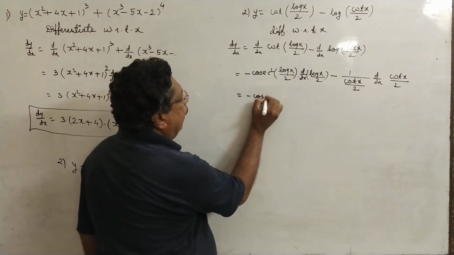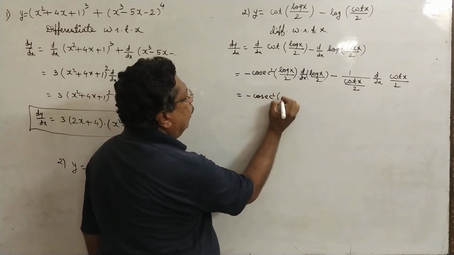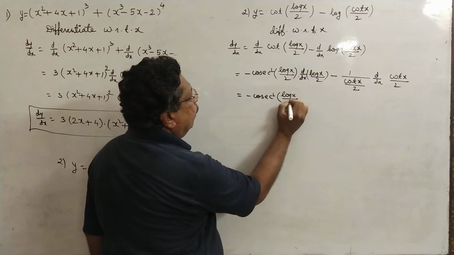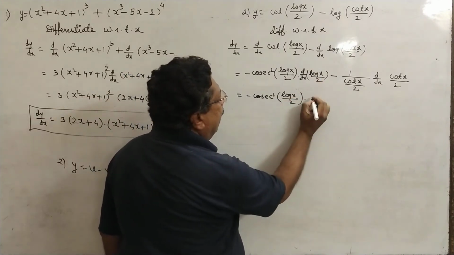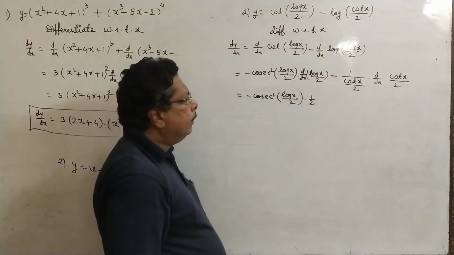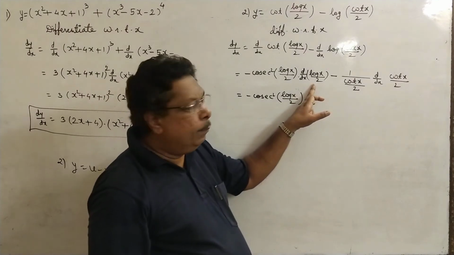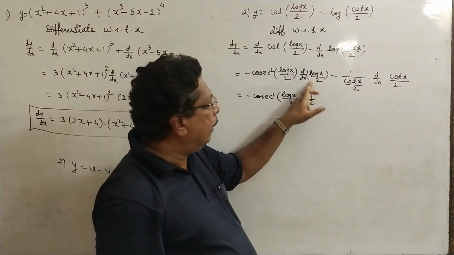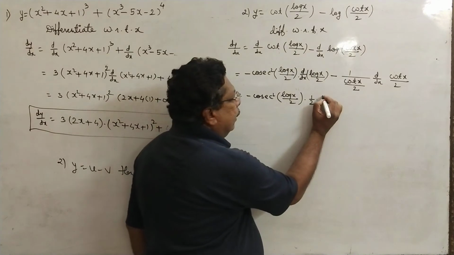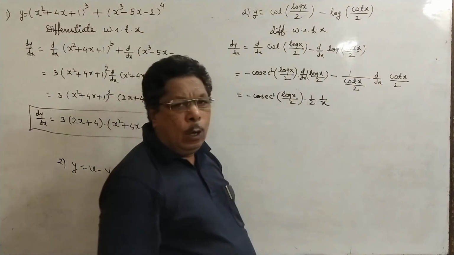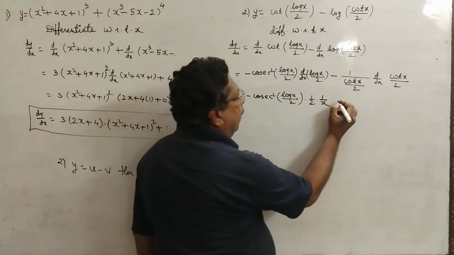Now this term becomes minus cosec square log x upon 2, and 1 upon 2 outside, since 2 is a constant multiple of the function, so take it outside. The derivative of log x is 1 upon x.